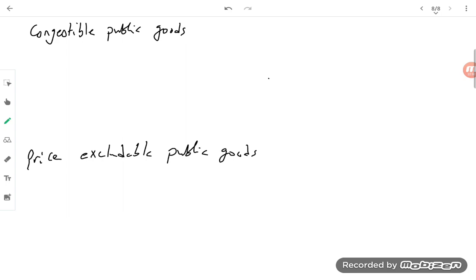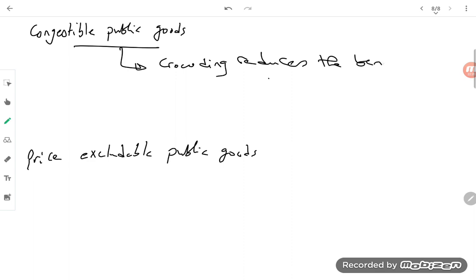What are congestible public goods? Congestible public goods are those for which crowding reduces the benefit to existing consumers. So the marginal cost of accommodating an additional consumer is not zero in this case, after the point of congestion.